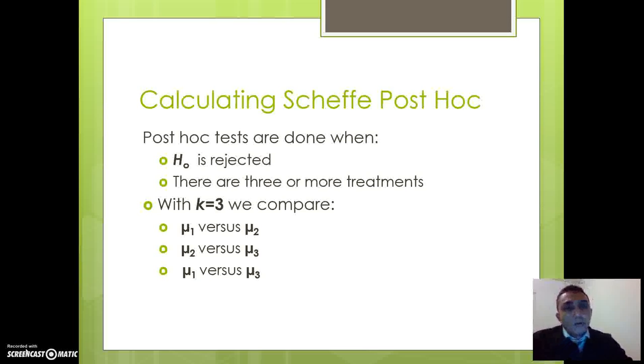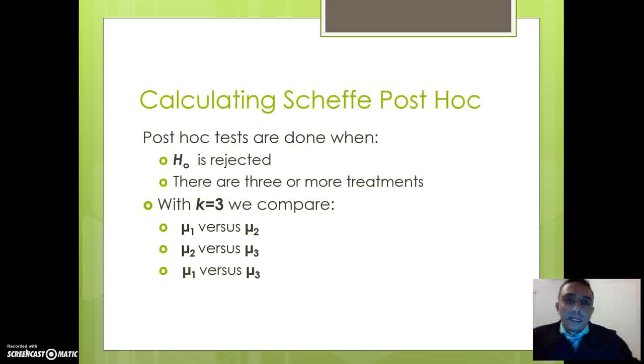So now we want to see if there is a significant difference among those groups. We did an ANOVA test to see that. And now it's time to locate where this difference is located.